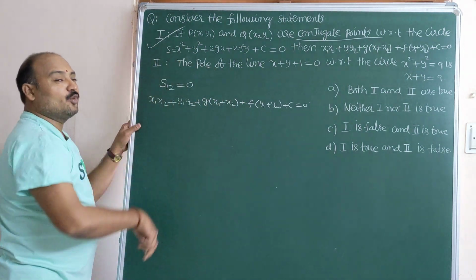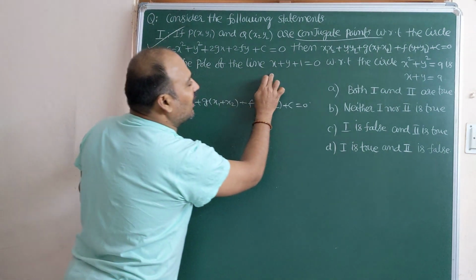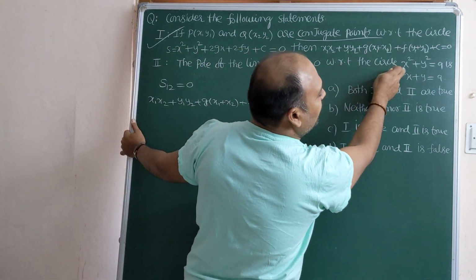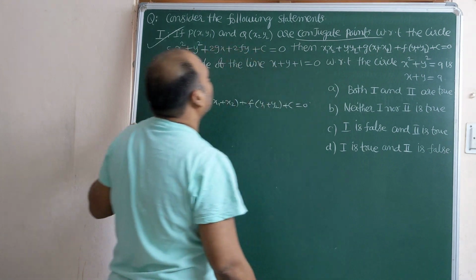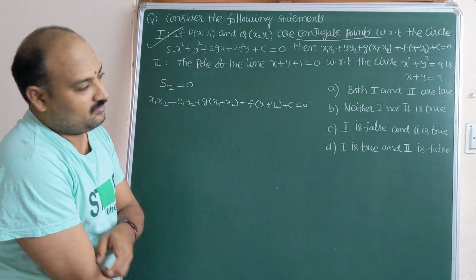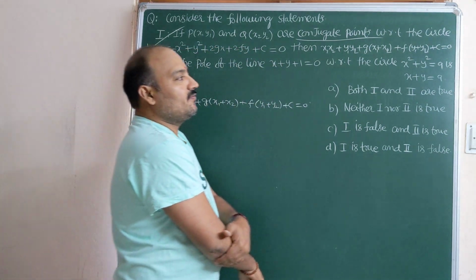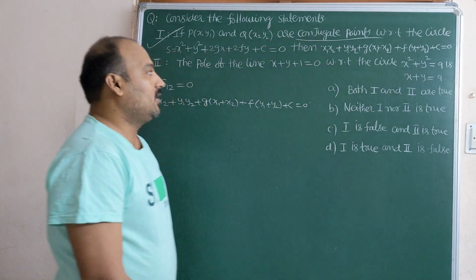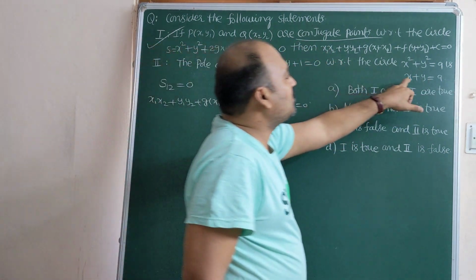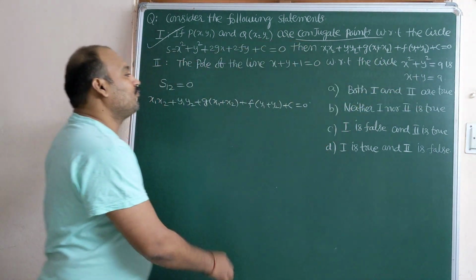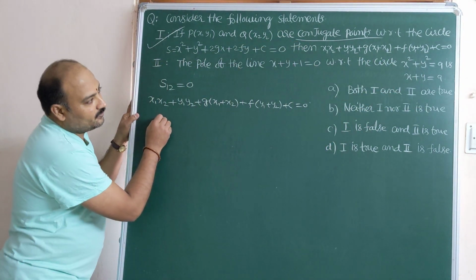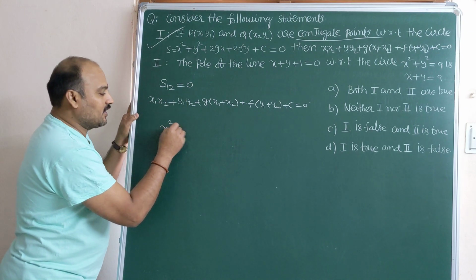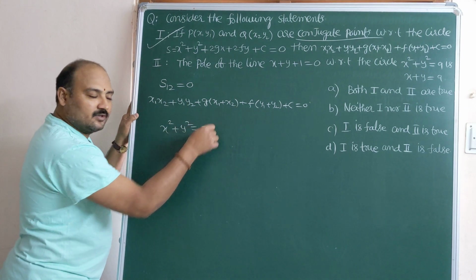Second statement we need to verify. The pole of the line x plus y plus 1 equal to 0 with respect to the circle. So the polar equation for this circle is x plus y is equal to 9. We need to verify which one is correct. The circle is x square plus y square equal to 9.